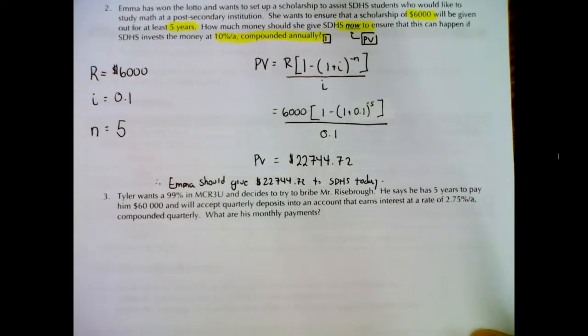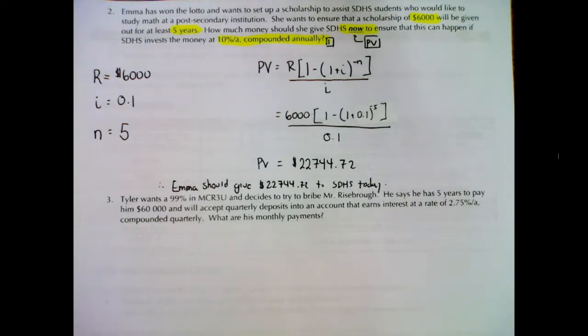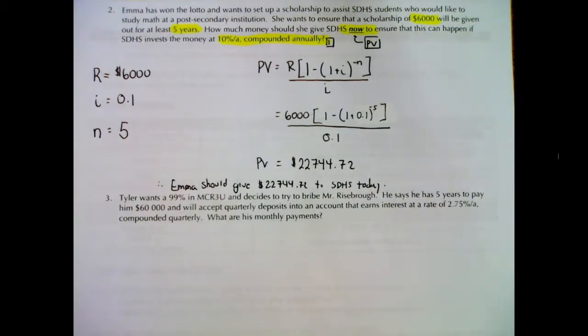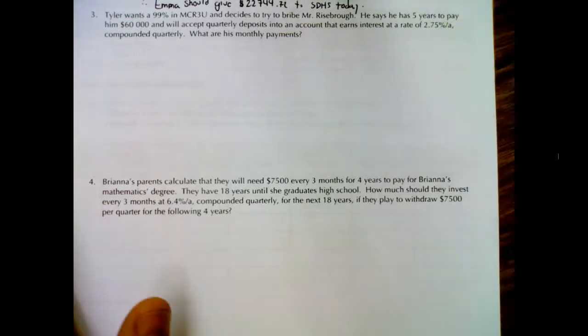Both of those examples were set up to solve for the future or present value. Alternatively, I can set one up that asks for the monthly payment. So we're going to set up one, and then I'm going to have you try to solve it. Let's look at number 3. Number 3 says, Tyler wants a 99% in MCR3U and decides to try to bribe Mr. Risebrow.